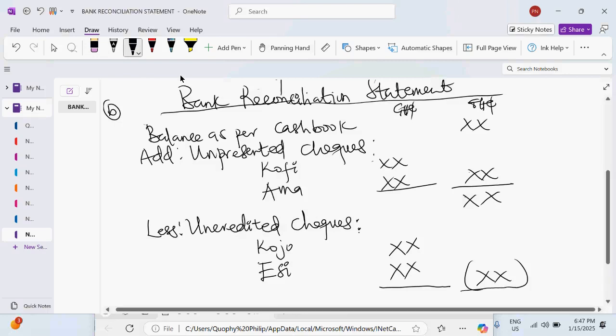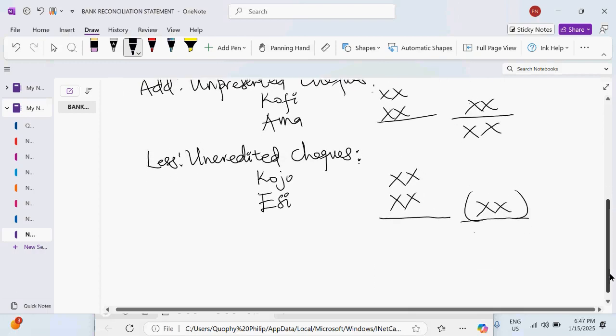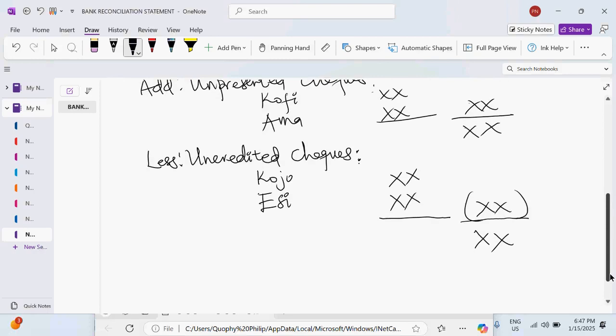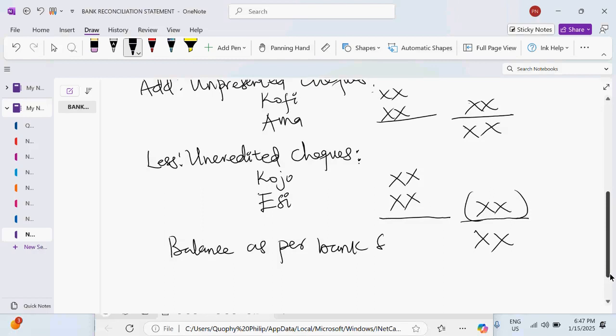If you less the uncredited checks, then whatever you have becomes your balance as per the bank statement.